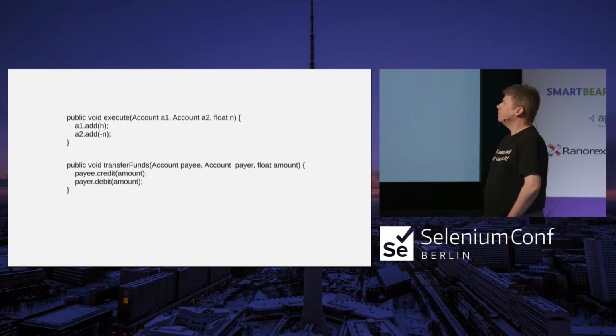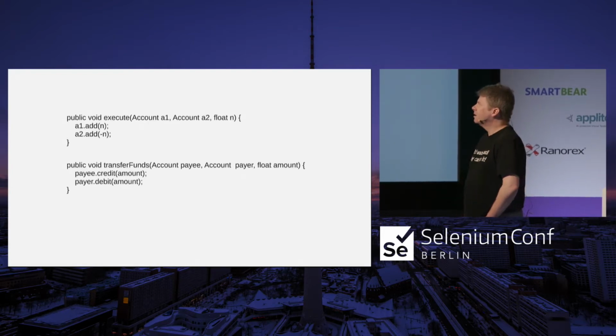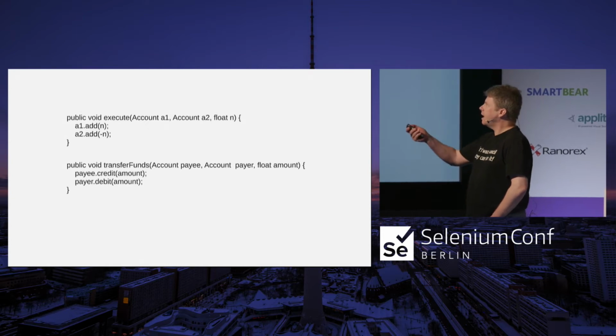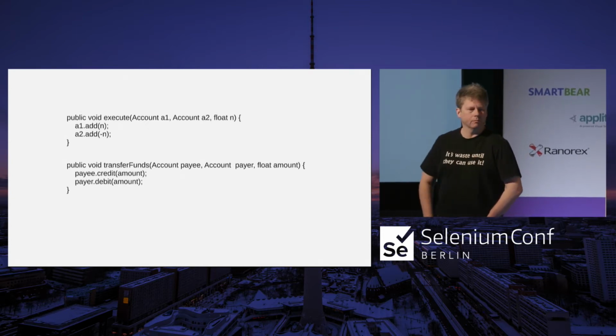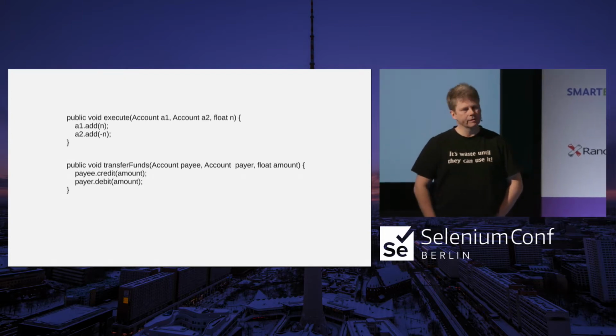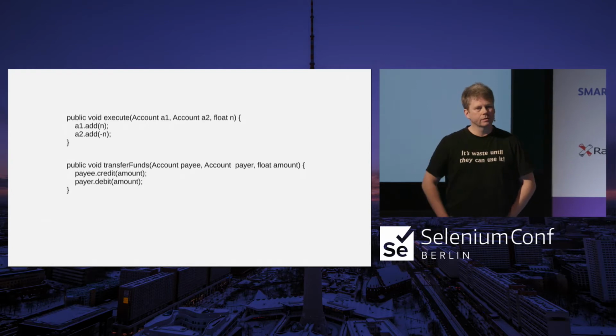We have a payee, we have a payer, and we have an amount. And we might not just use add with the sign in front of the number, minus or plus. And we don't even see the plus sign because it's implicit. This is a lot easier to understand. And this is what I'm talking about, express intent.